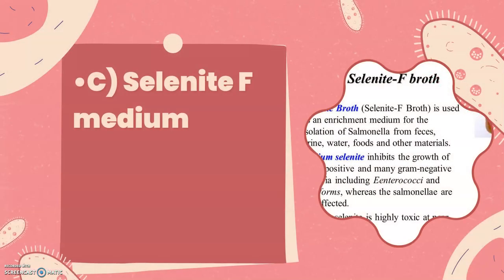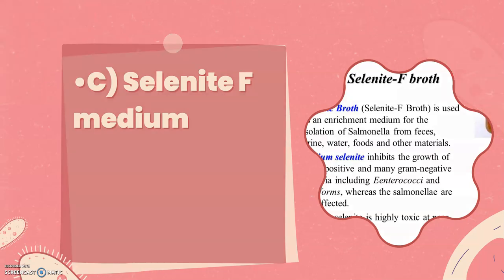The answer is selenite F medium, because selenite F medium is a broth. Broth means it is a liquid medium. So selective medium is always a solid media. It is an agar based solid media. So selenite F broth is a liquid media. So it is not a selective media. It is an enrichment media. So selenite F medium is the answer.